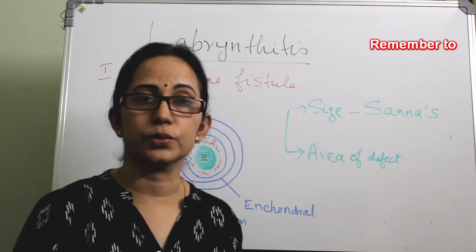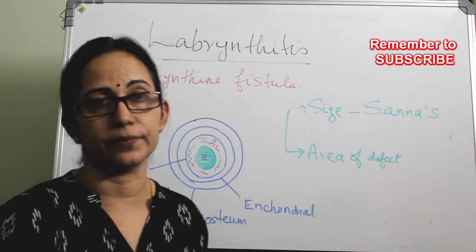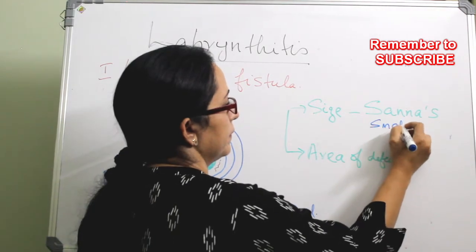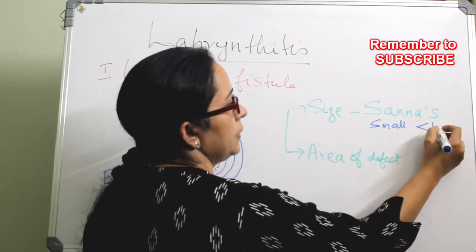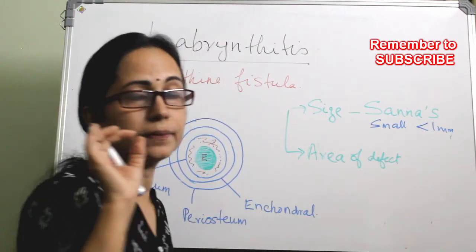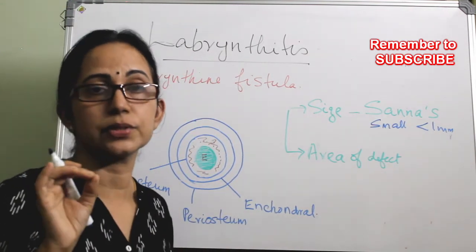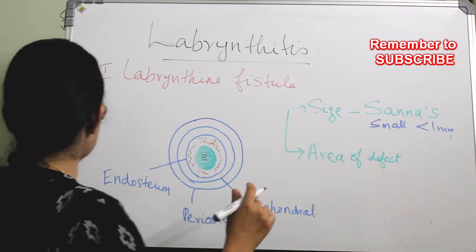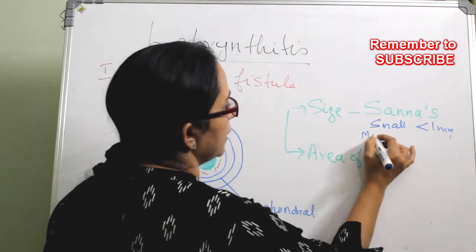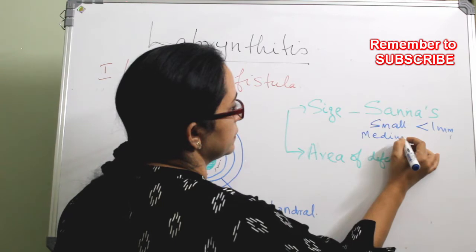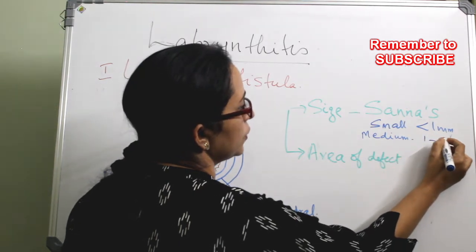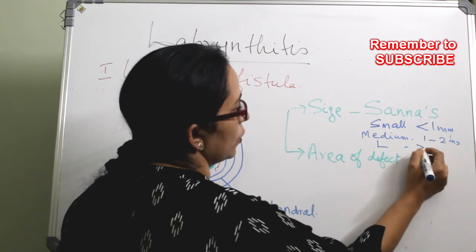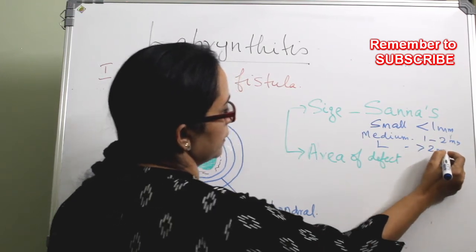It has divided the defects into small, medium and large. If the size of the fistula defect is less than 1 millimeter, it is considered small, medium if it is between 1 to 2 millimeters, and large is more than 2 millimeters.